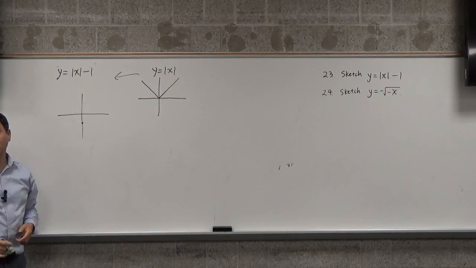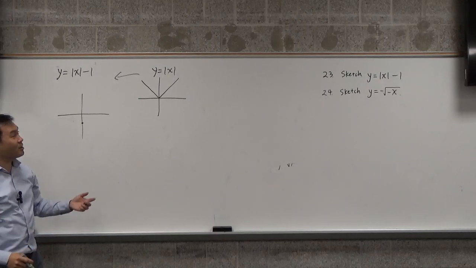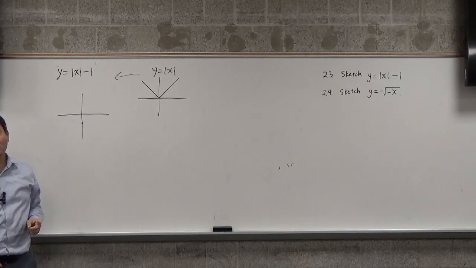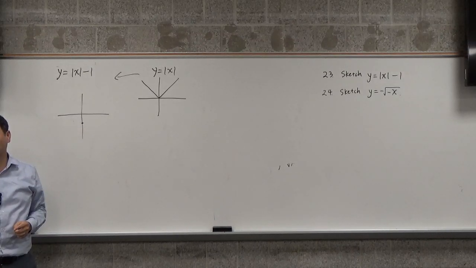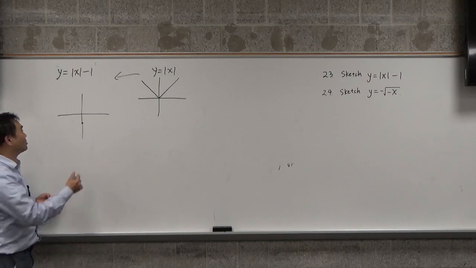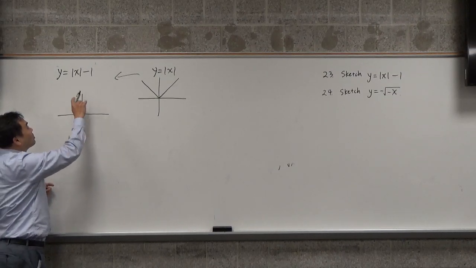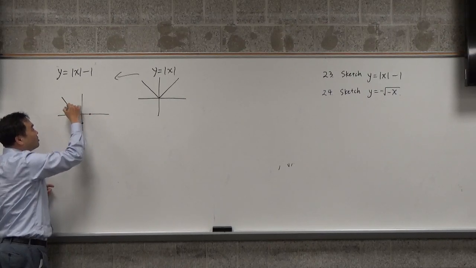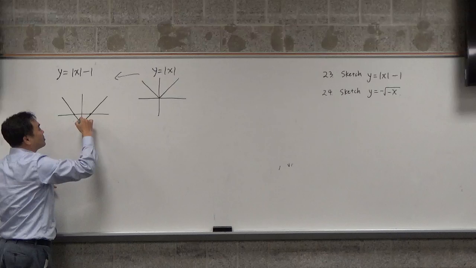Do you agree? Right. So already that's a hint. For this to somehow pass through this, should it move right or left or up or down? Down. It has to go down. And you can do a few more. If you plug in 1, you get 0. If you plug in negative 1, you get 0 as well. So that's what you get.